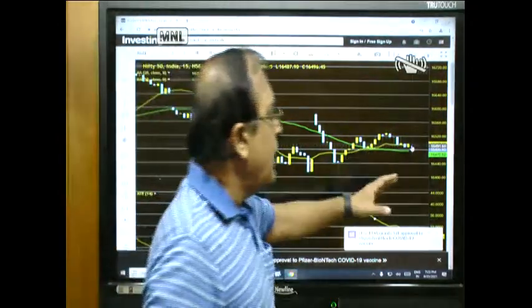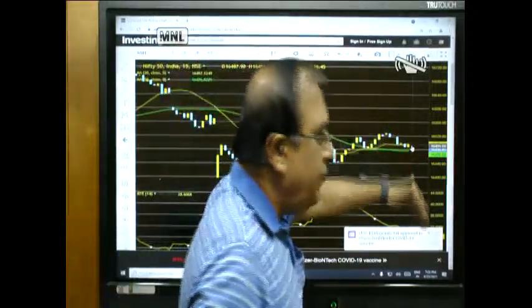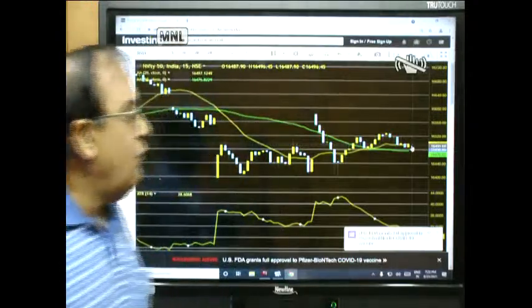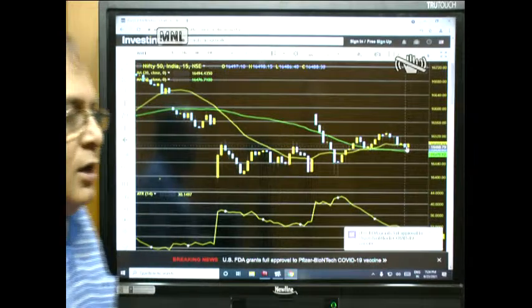Otherwise, it will look as if it has fallen below the 20 moving average, and it can cut below that and again start moving down on the lower side. This is a very important place as far as the 15-minute chart is concerned. It should not go much below the low of today, the last 15 minutes low, which is 16,486. So tomorrow morning, if it starts to open and go higher, then in this case you can keep this low itself as a stop loss and do the trading.